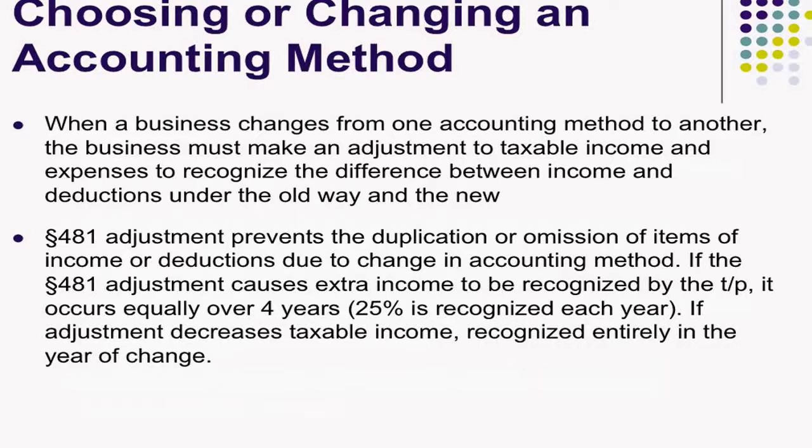So I've got $25,000 of income that I haven't picked up yet. I've got $5,000 of expense that I know I can deduct this year. $5,000 off of the 25, I've got $20,000 left. I divide that by 4, and so what do I come up with? $5,000 of income every year, additional income that I have to show on my tax return. And that's a 481 adjustment, okay?